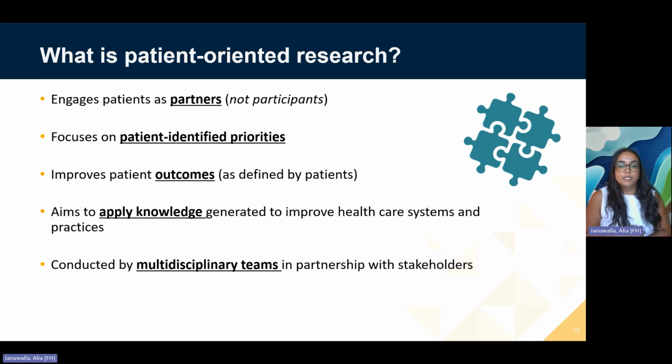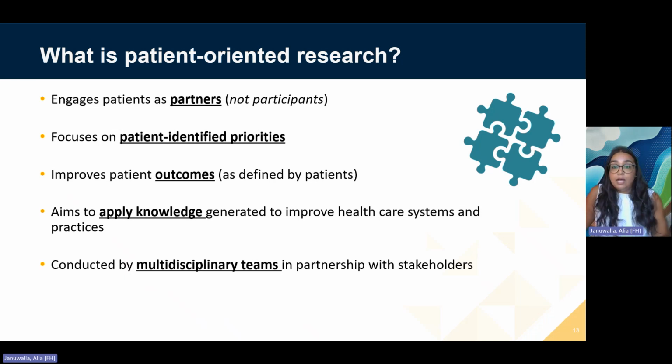Patient-oriented research also focuses on priorities that have been identified by patients to improve outcomes that have also been defined by patients. It aims to apply knowledge that's generated to improve healthcare systems and practices, and is also conducted by multidisciplinary teams in partnership with stakeholders. And what we mean by multidisciplinary teams is that we really have a diverse set of knowledge users at the table.